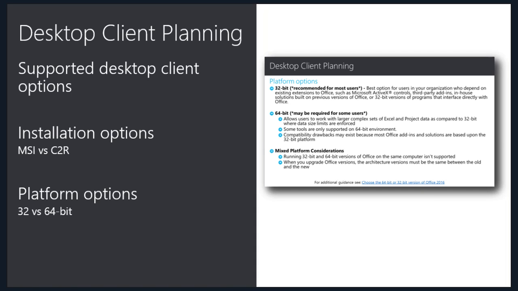However, in the organization, there might be some users or business units that are using special tools. Those tools might be supported only on 64-bit of the Office. So if this is the case, make sure that you identify those needs during your workshop.